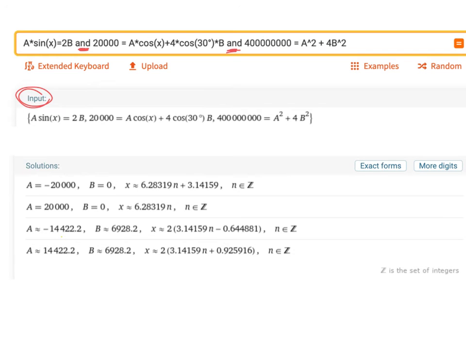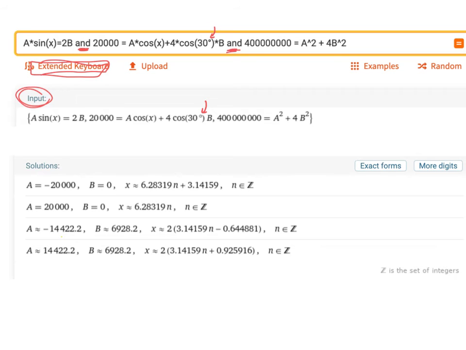One key thing to check for is there's a degrees here. If there's no degrees there, they're going to do things in radians. And I actually typed in degrees. You can go to extended keyboard and choose degrees to make sure it reads the angle as degrees. Okay, so that looks good.